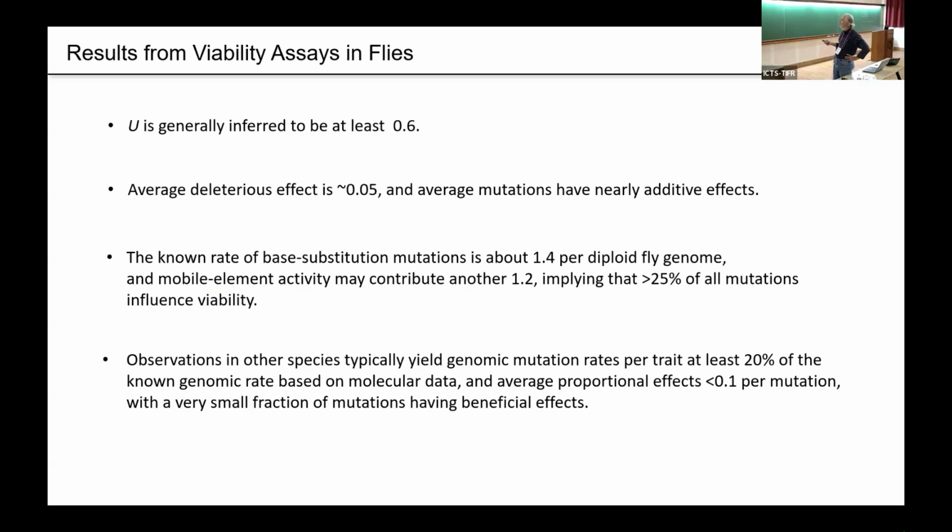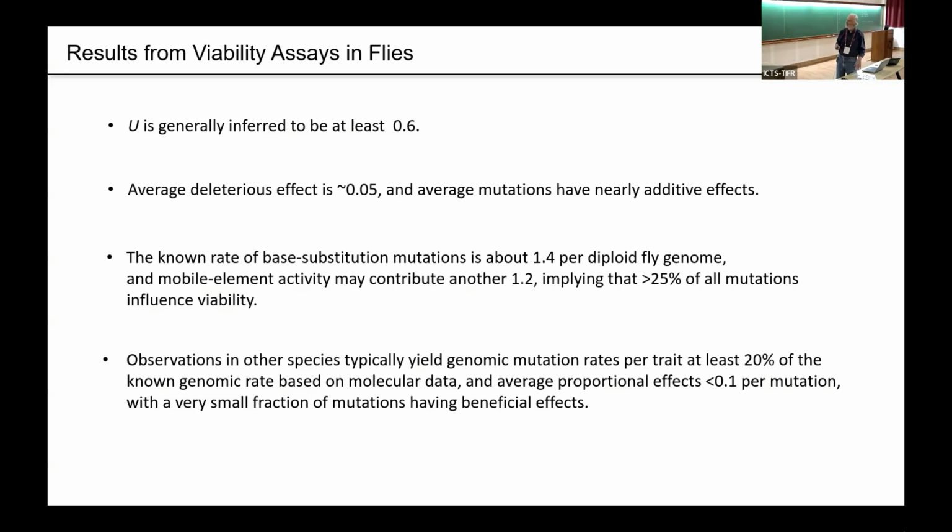And one of the big surprises is that for typical quantitative traits, the mutation rate per diploid genome is often at least 20% of the genome-wide rate based on molecular data. So, depending on what model you like, you might think of this like the oligogenic model or the polygenic model. Everything's influencing everything.